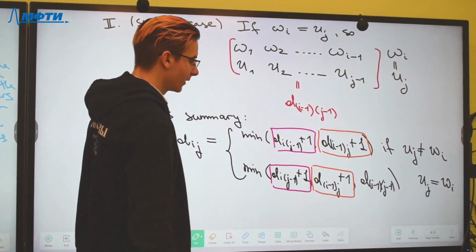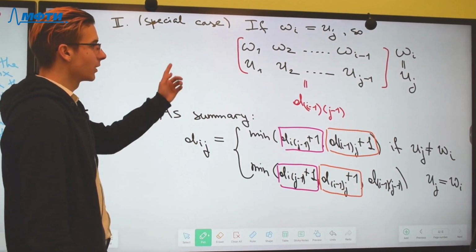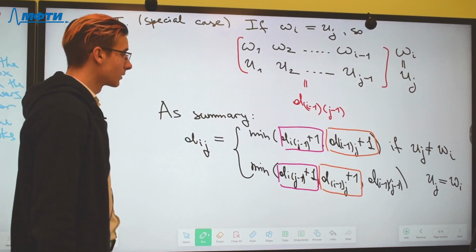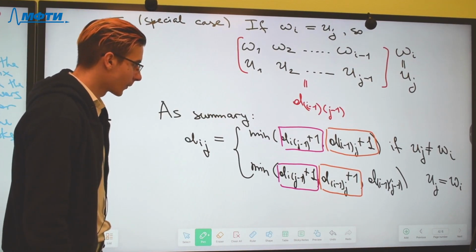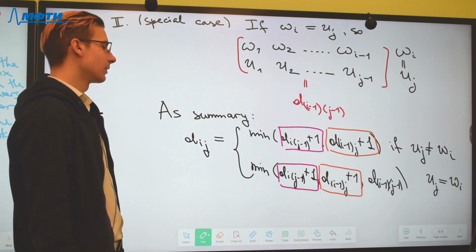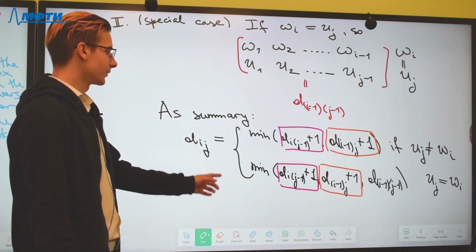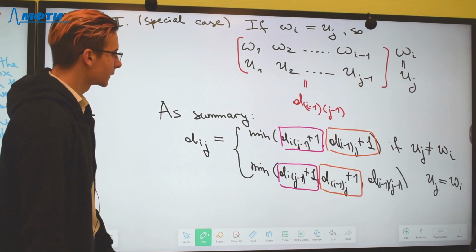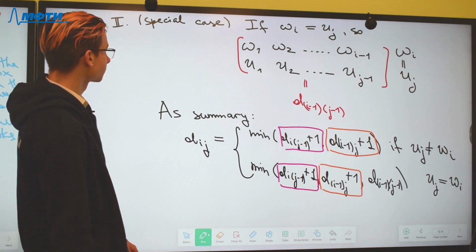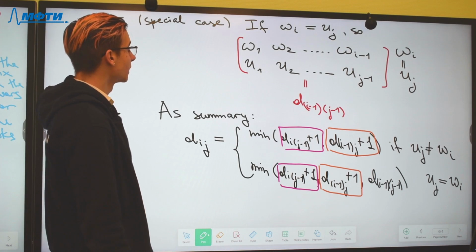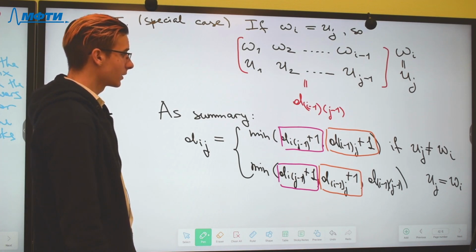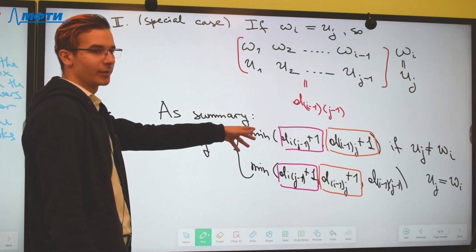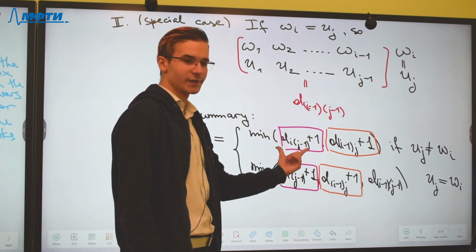And the last is a special case when last characters are equal. And we see that due to this recurrent formula, we can solve this task with dynamic programming, with the memorization of solutions of these subproblems.